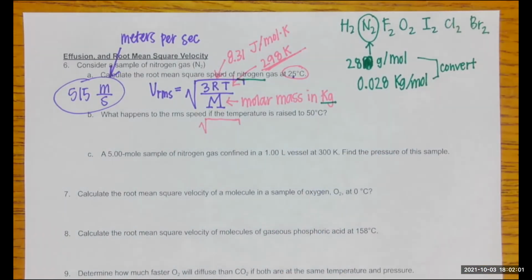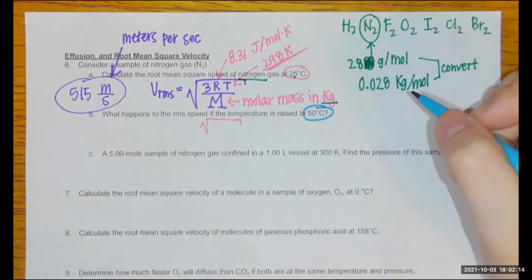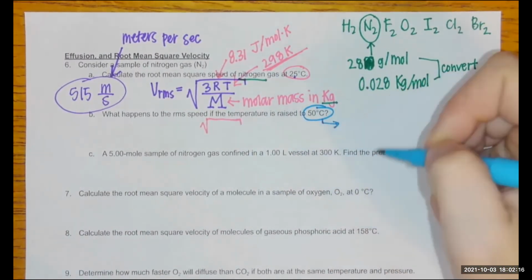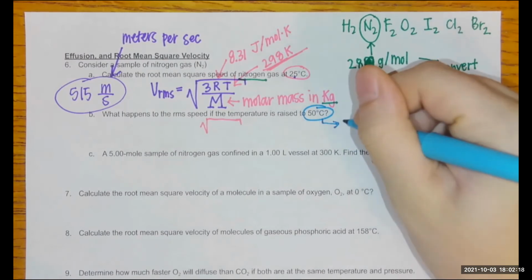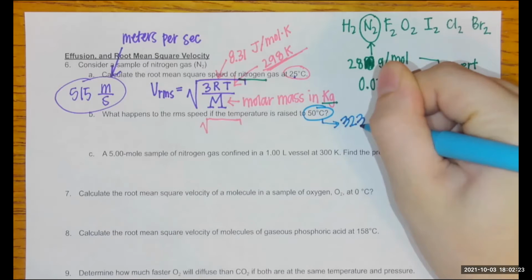I'm gonna do this in, let's see, in light blue, good for contrasting. So 50 degrees Celsius, that's 50 plus 273, 323.